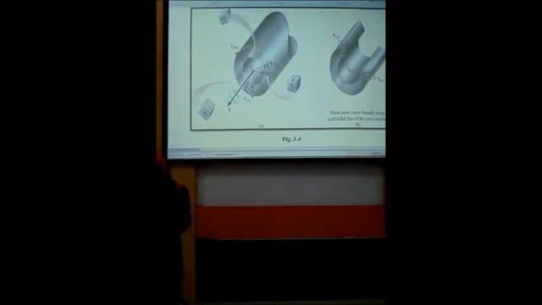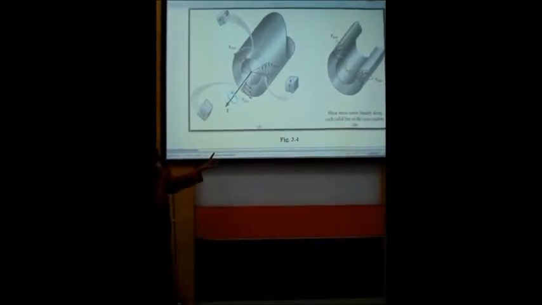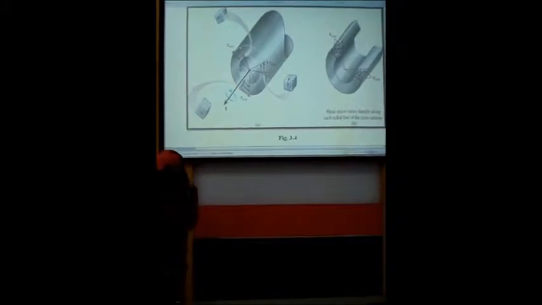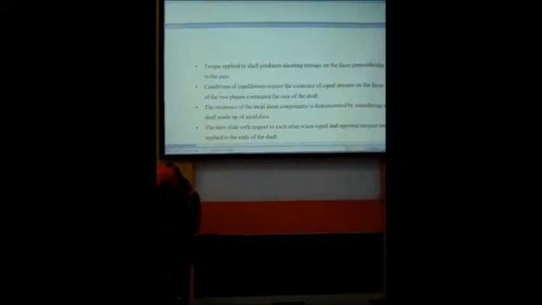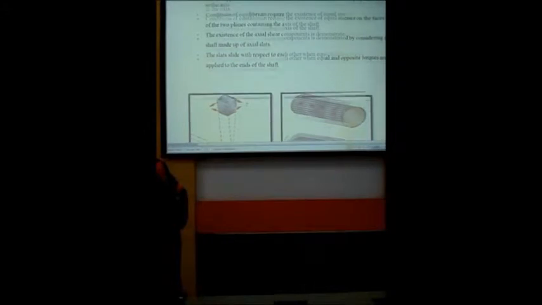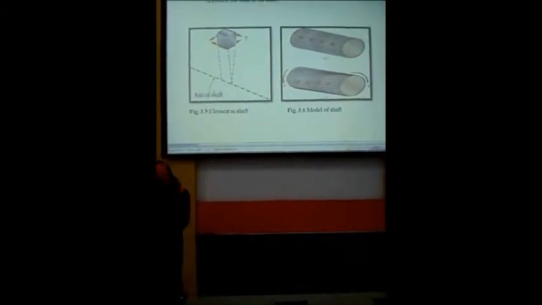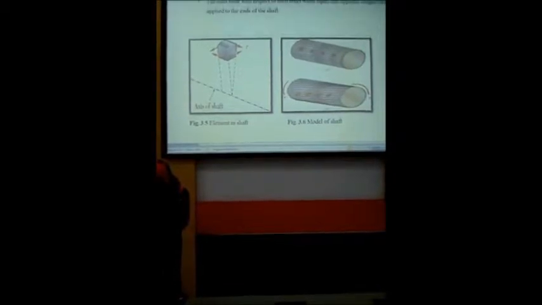And then figure 3.4 shows that shear stress varies linearly along each radius of the cross section. A torque applied to the shaft produces shearing stress on the face perpendicular to the axis, which is the element in the shaft shown in figure 3.5.